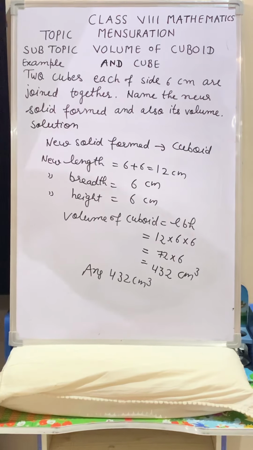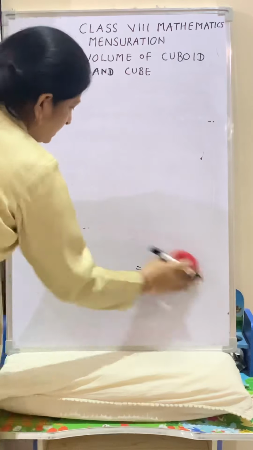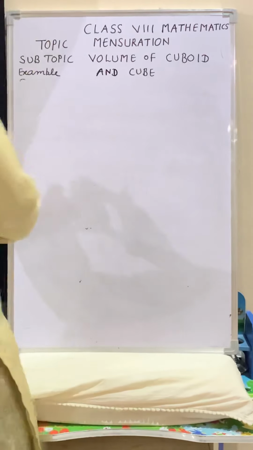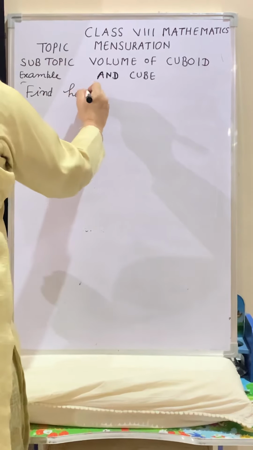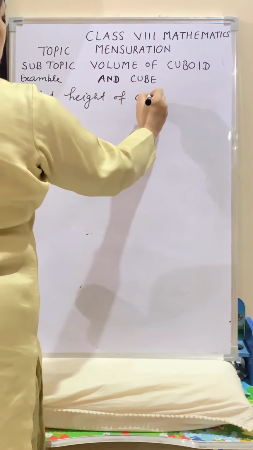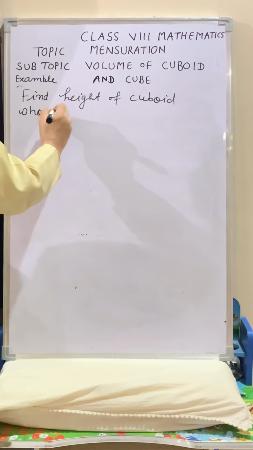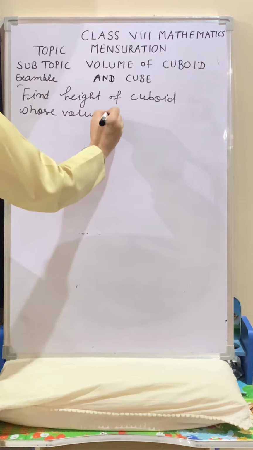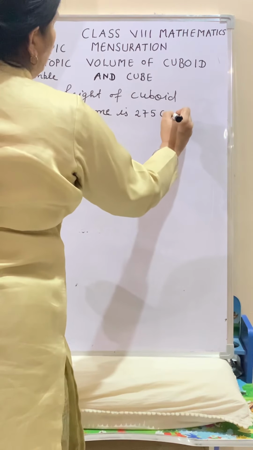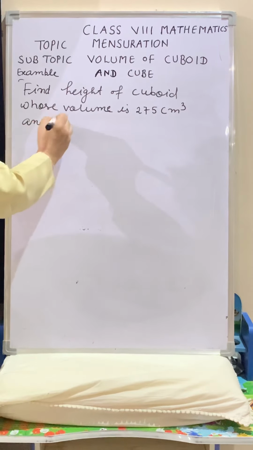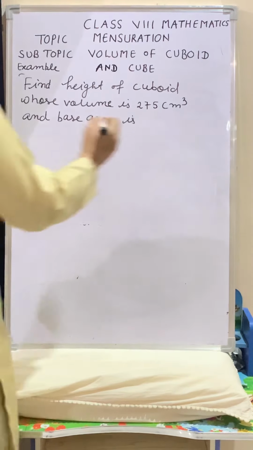Now the next question is: find the height of a cuboid whose volume is 275 centimeter cube and base area is 25 centimeter square.